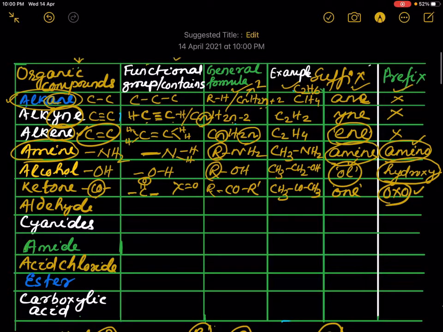Oxo is the prefix for ketone and one is the suffix for ketone. So for CH3COCH3, the name would be propanone: prop for 3 carbon atoms, then ane, propane, remove E, then one is written, propanone.